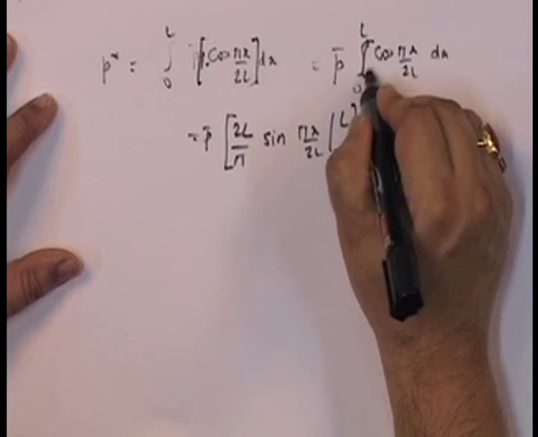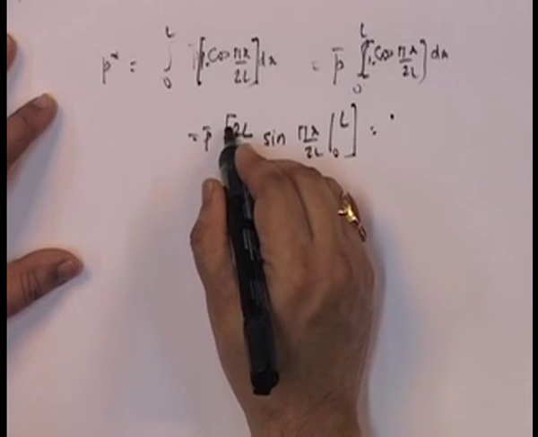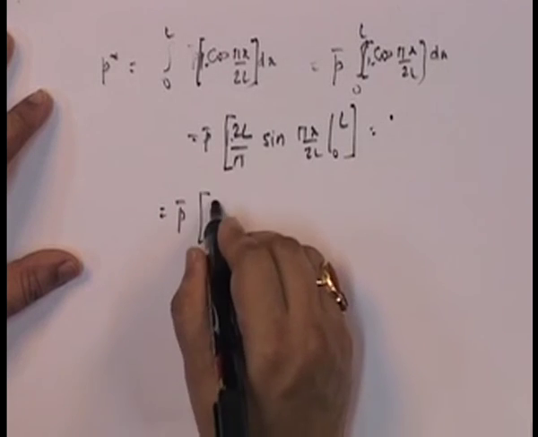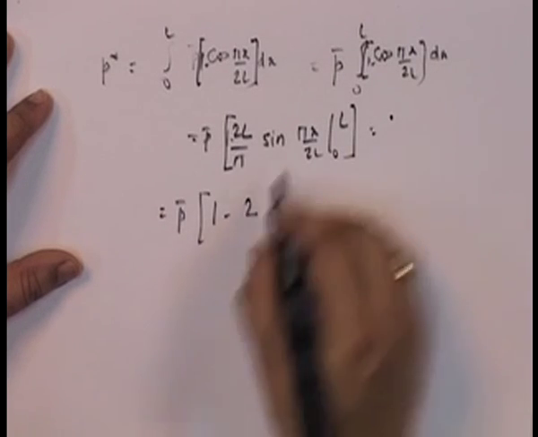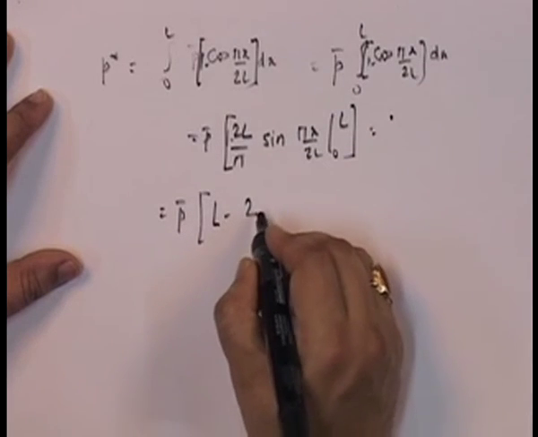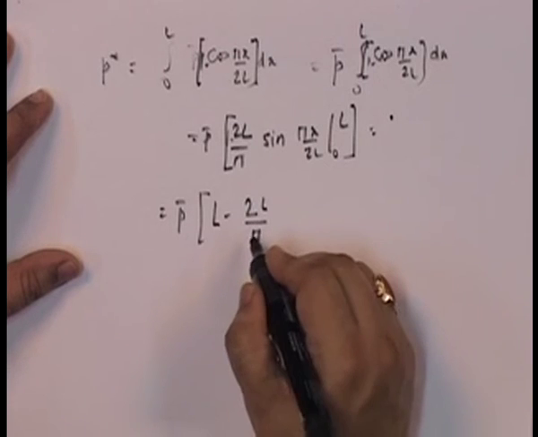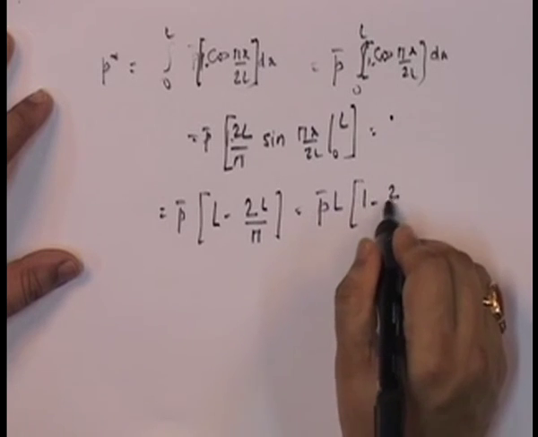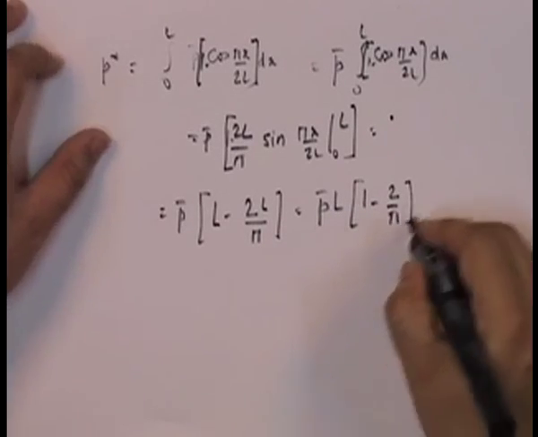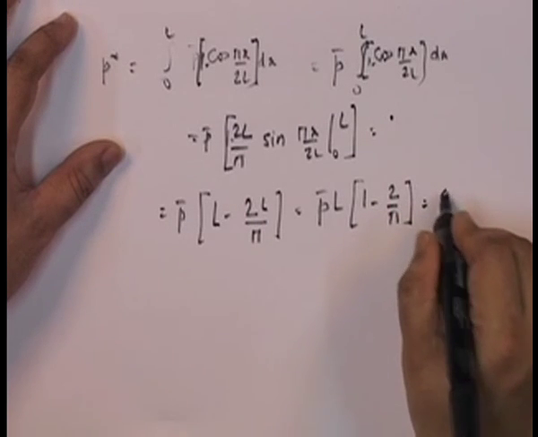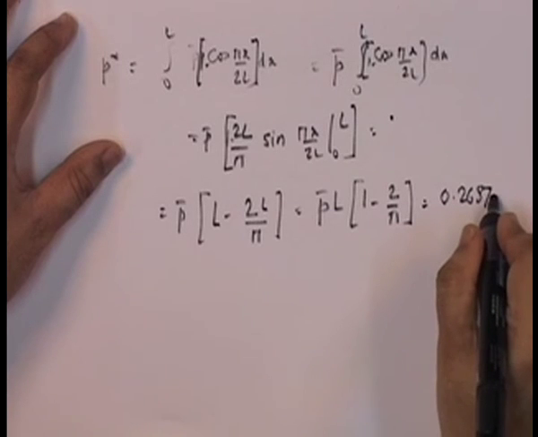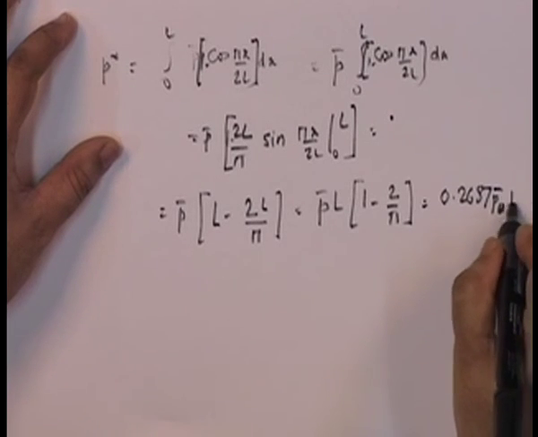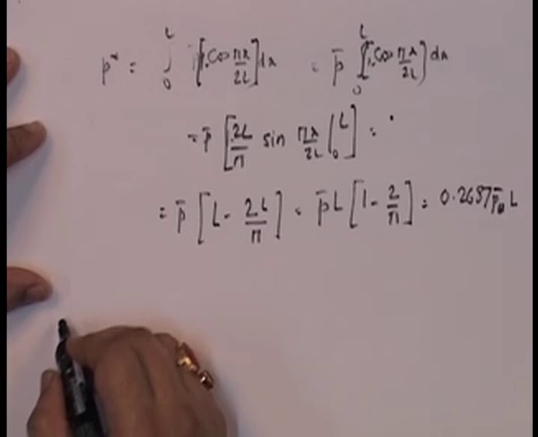So, there is a 1 minus cosine. So, this basically becomes equal to p bar into 1 minus 2 upon pi, which is equal to 0.2687 p bar L. Okay.